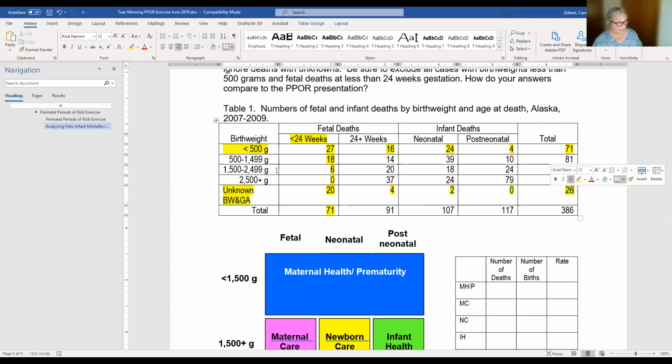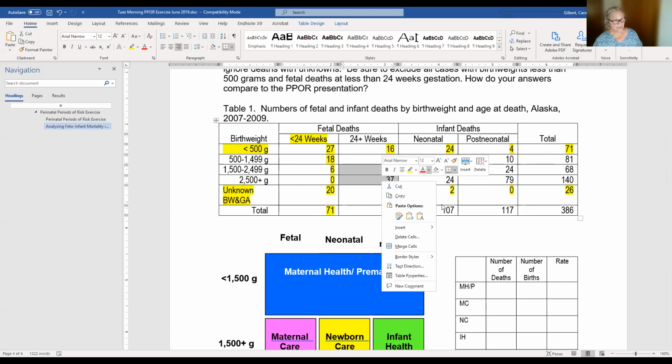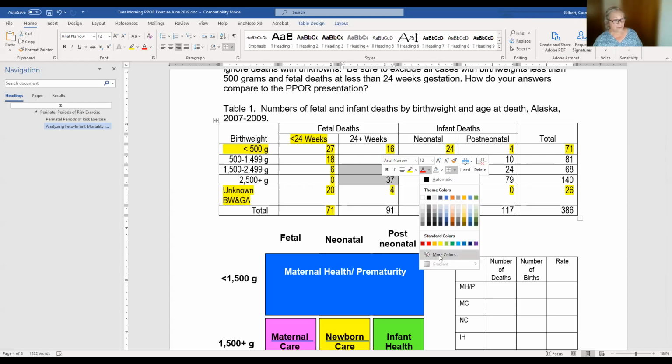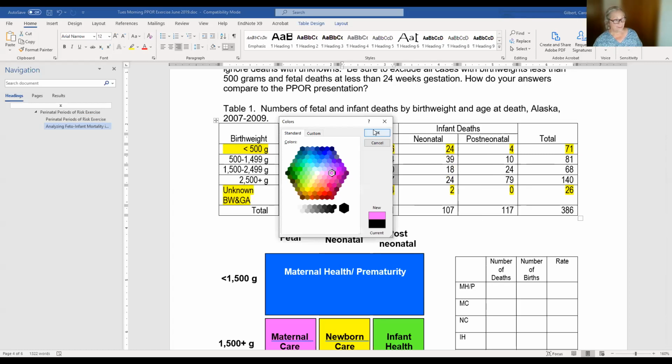And then for the maternal care, you would use fetal deaths that are above 1,500 grams. So I'm going to make those pink.